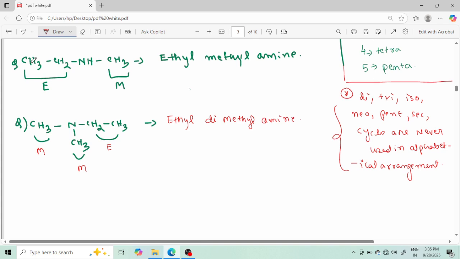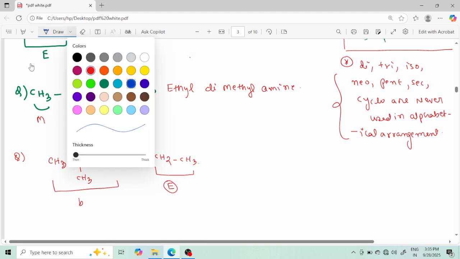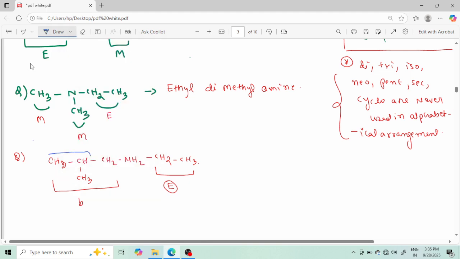If I give another example, suppose I am giving you this one. Here I will be including the special structures also. Overall this one is ethyl, E, and this whole thing has 4 carbon, so 4 carbon stands for butyl, B. But if you pay close attention, this shape is the iso shape, right?